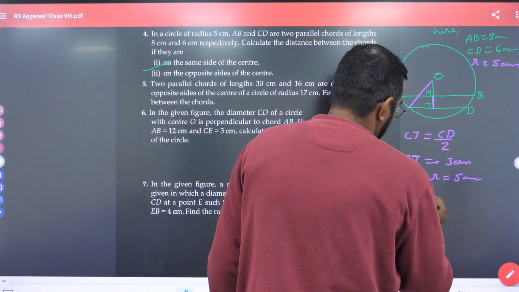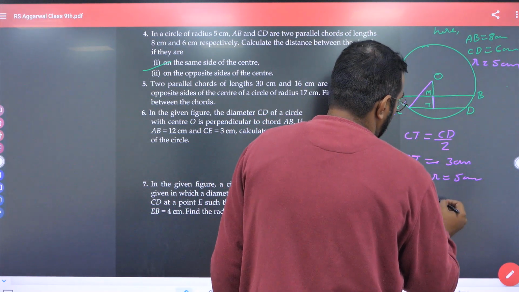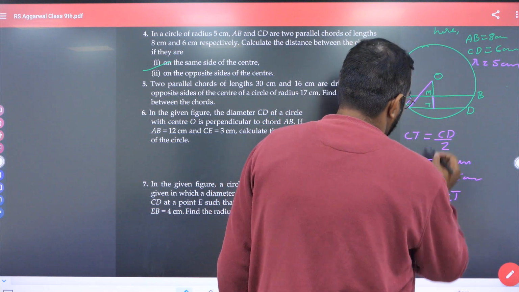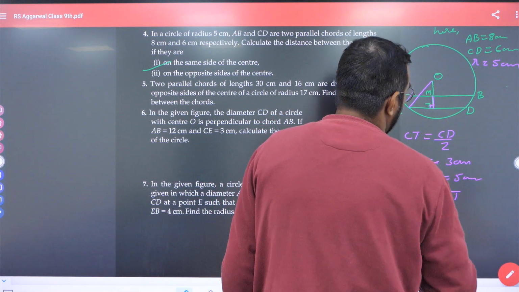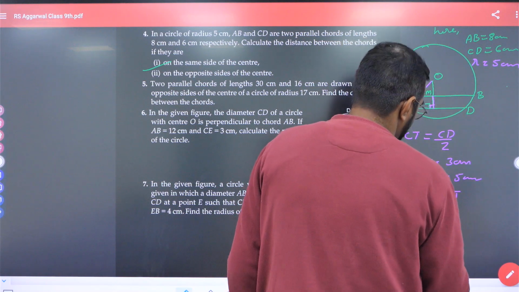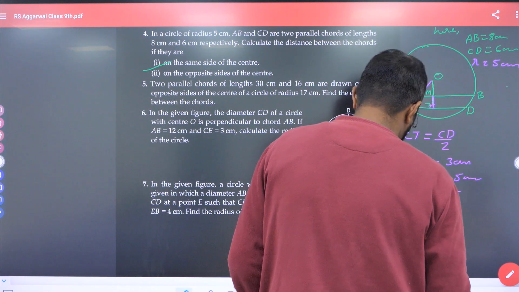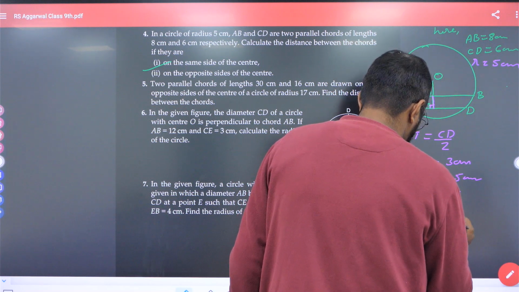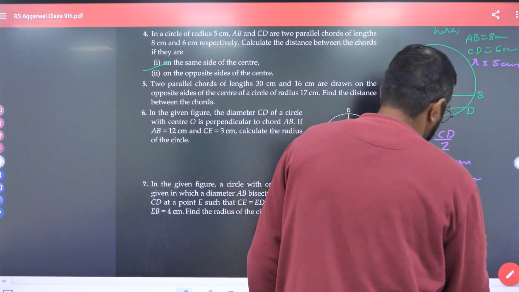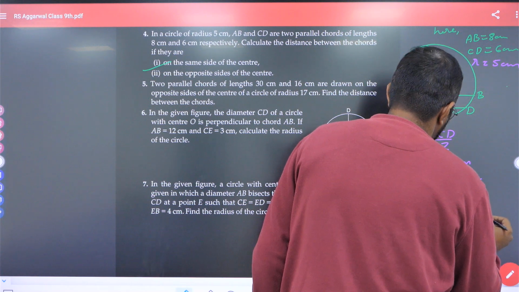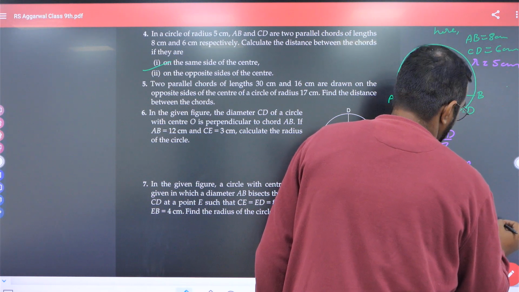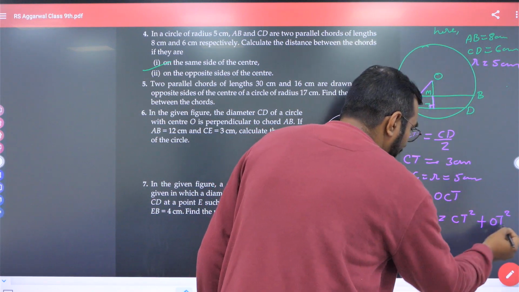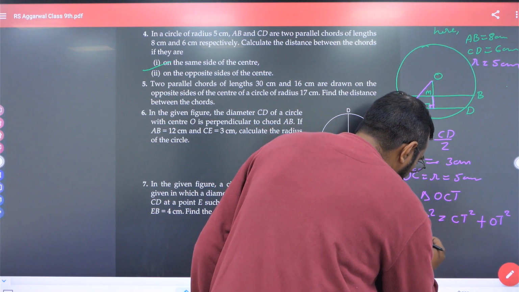So in triangle OCT, here it is 90 degree. So this one will be the hypotenuse. OC का square, OC square will be equal to CT square plus OT square. As we have to find OT, we will separate OT.